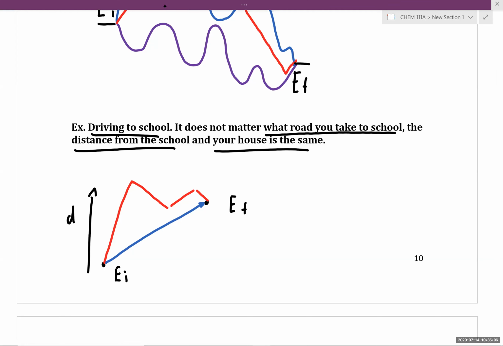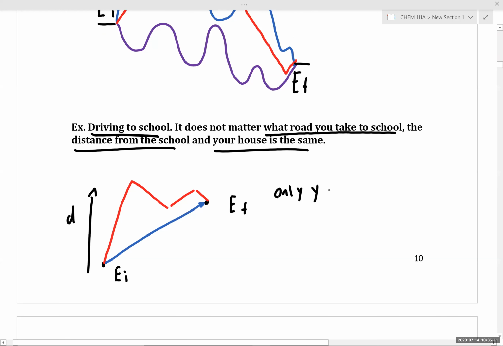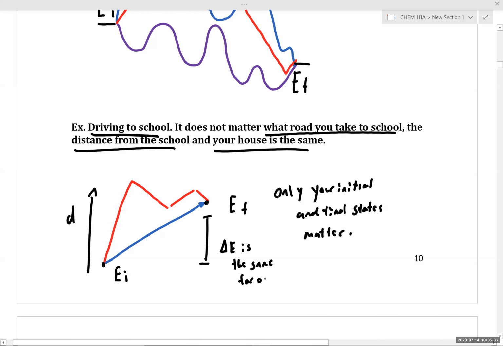At the end of the day, only your initial and final states matter. If you check on your phone, how far away am I from my house? It'll say the same distance, or delta E is the same for each path.